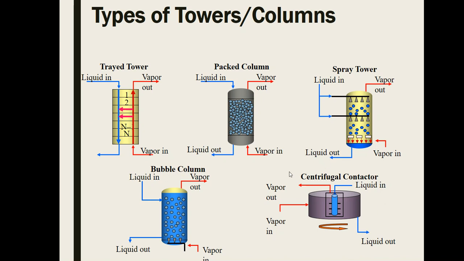So the liquid solvent is introduced downward while this particular equipment is rotating, making use of the centrifugal force. That way, the component from the gas could be transferred to the liquid solvent. So this is your centrifugal contactor.